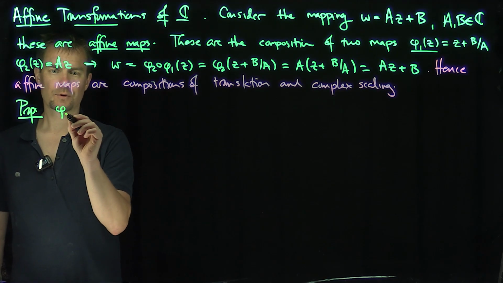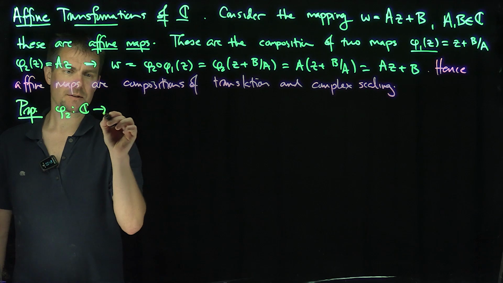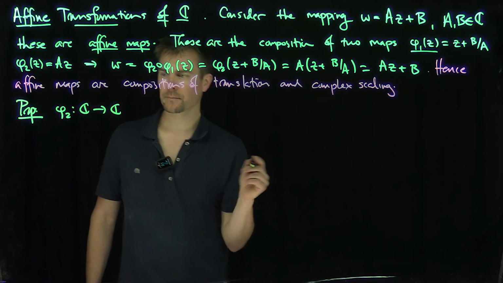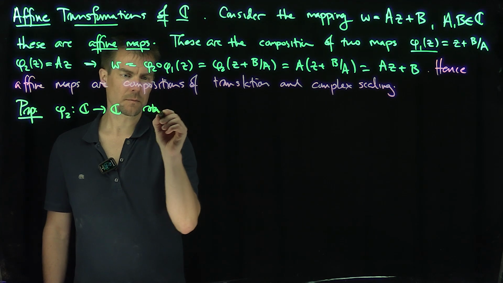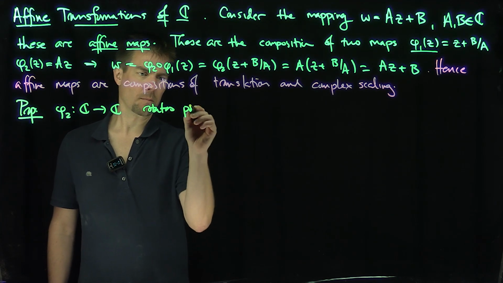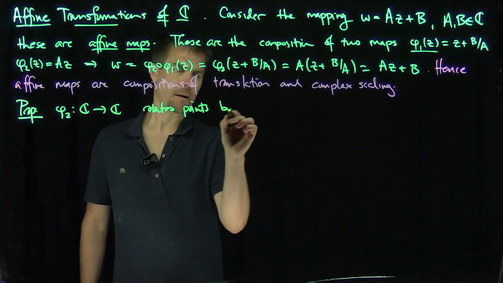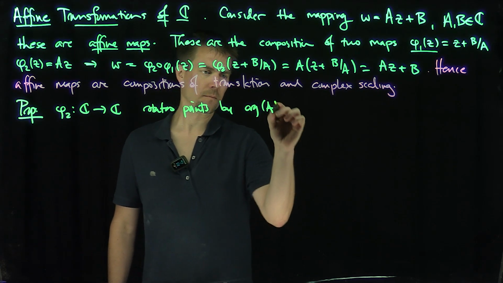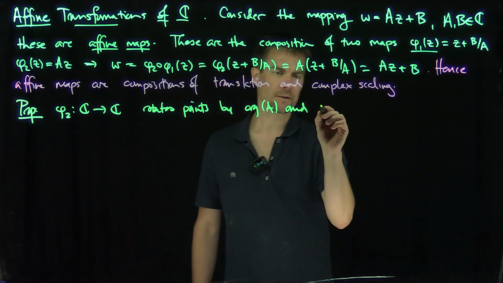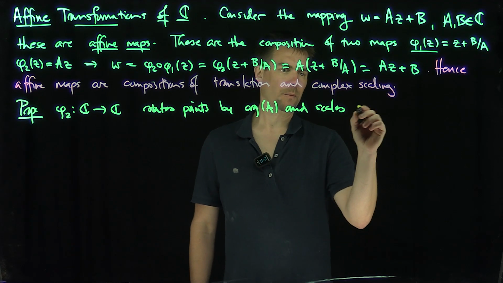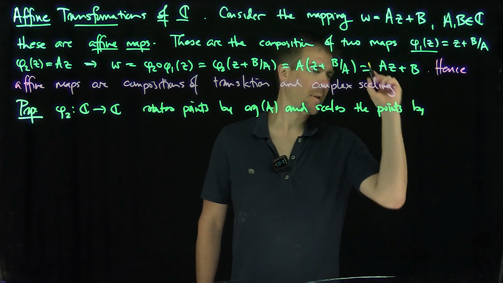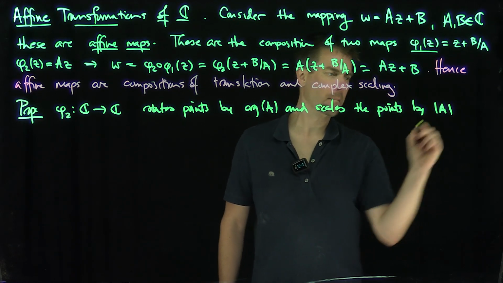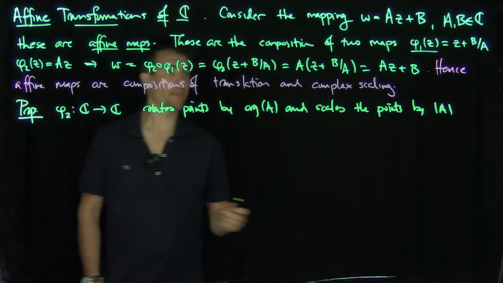Phi 2, mapping C into C, rotates points by the argument of A and scales the points by the modulus of A.